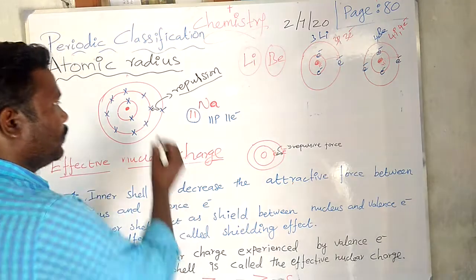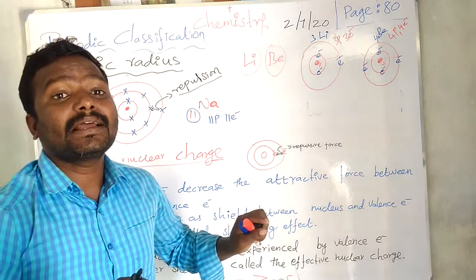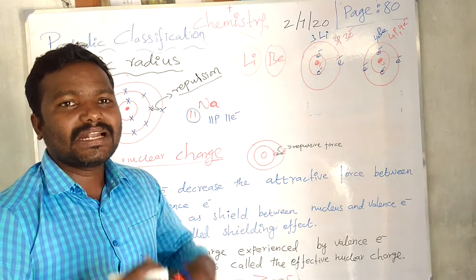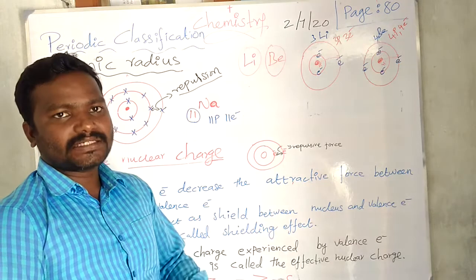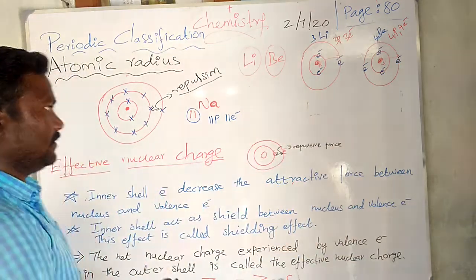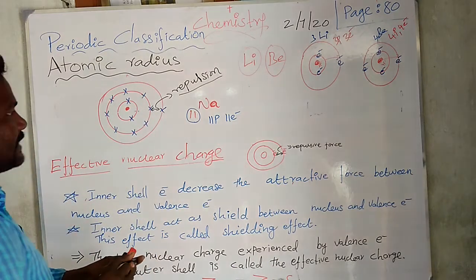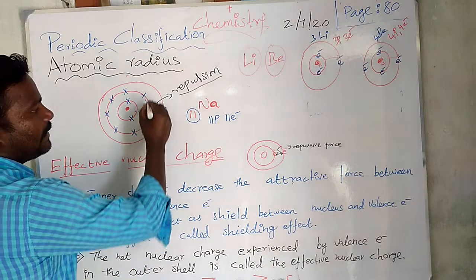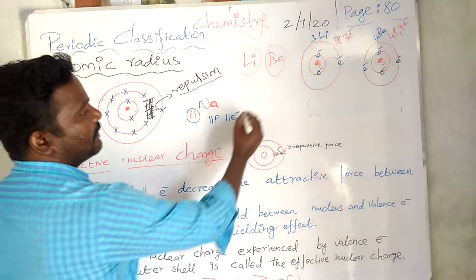So the inner cell electrons will shield the nuclear charge. Because of that shielding, less force of attraction only will attract the last cell. See, these inner cell electrons act as a shield.